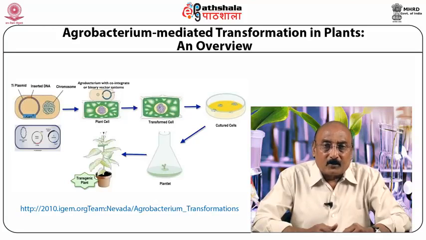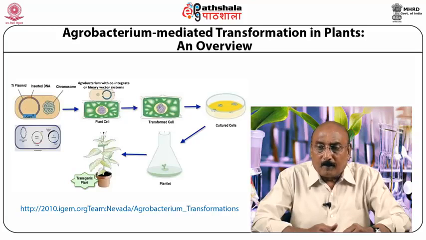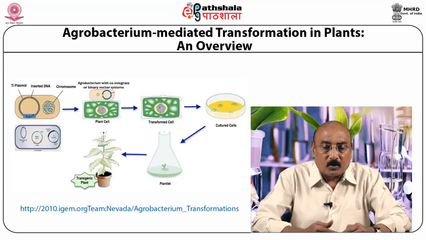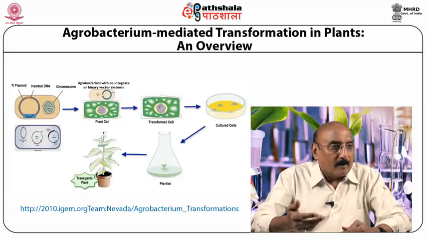Then the plant cells are transferred to callus medium containing antibiotics like hygromycin and kanamycin to select only those cells which received the Ti plasmid to multiply and grow.